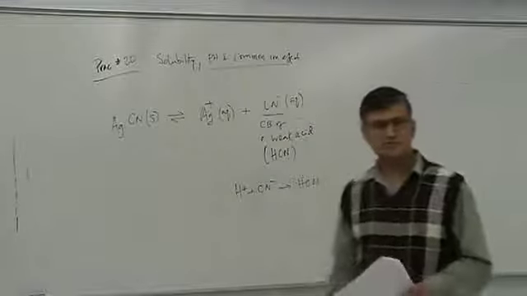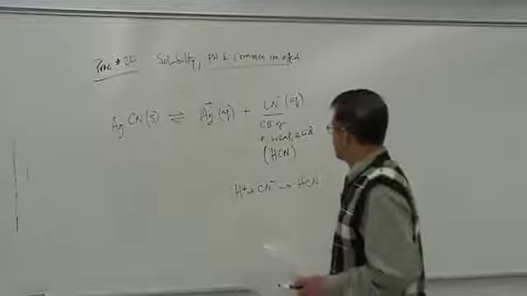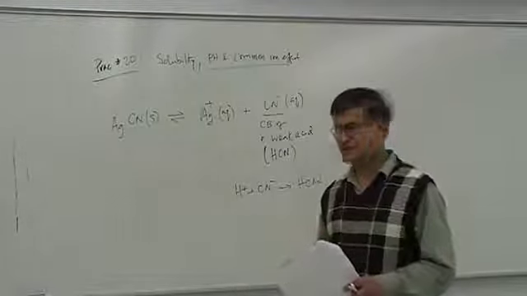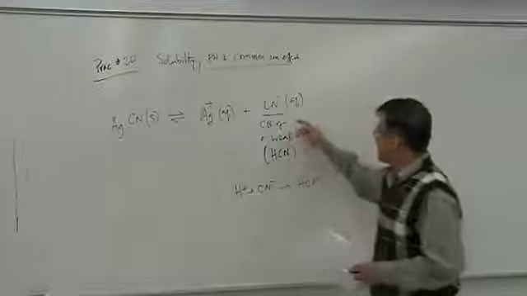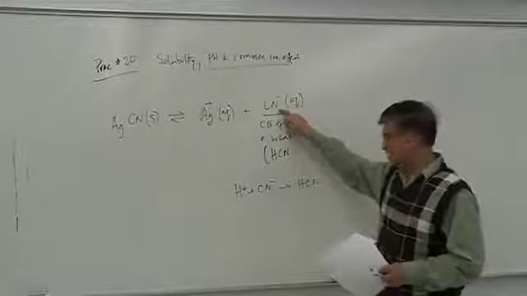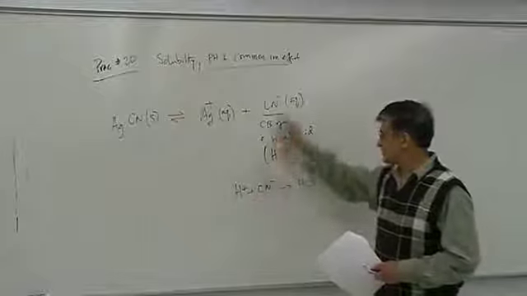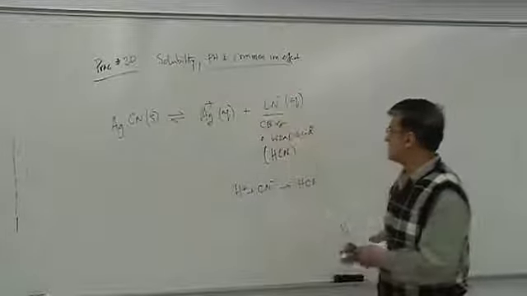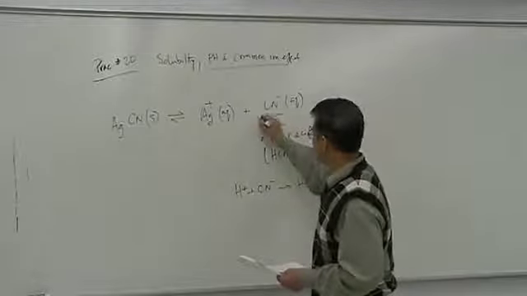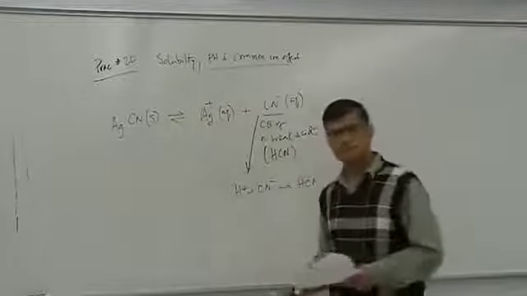In case you need a reminder about Le Chatelier's principle, this would serve as that. If I'm adding H plus, CN minus would be consumed by H plus, making HCN. That means this concentration will be gone, as if you're taking away one of the products.